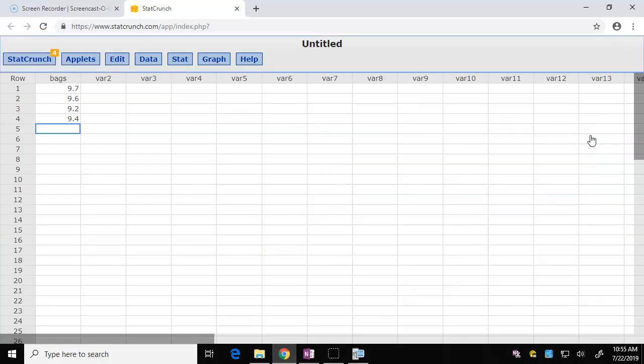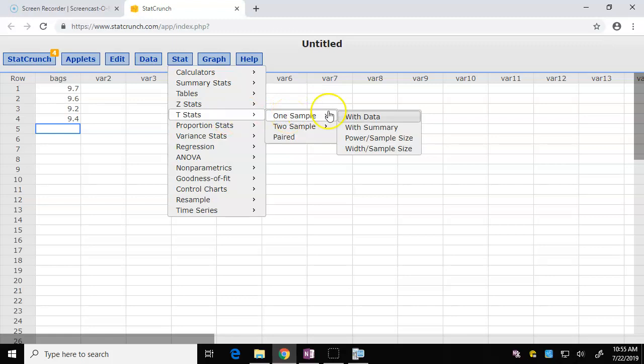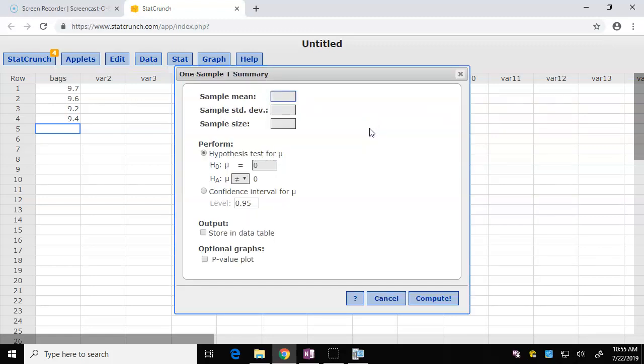And what are we going to do? Stat, check. T-stat, check. One sample, check. Actually, it's a summary. You don't have the data. We don't know all 15 boys' pieces of information. We have the summary of them. Okay?